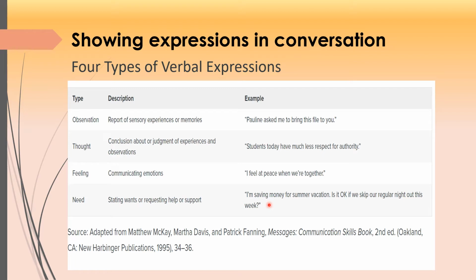And that particular person, person A, is not interested because he knows that if he goes for a night out, it will cost some money. And as he is saving money for summer vacation, he doesn't want to go there or spend his money. So that's the time he produces this kind of utterance. I am saving money for summer vacation. Is it okay if we skip our regular night out this week?